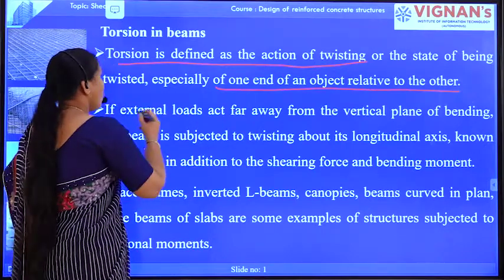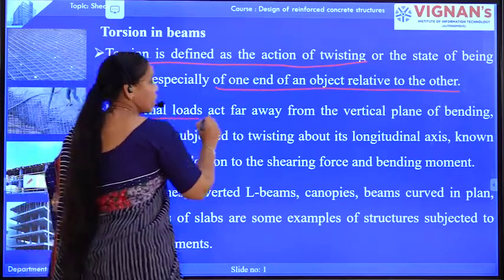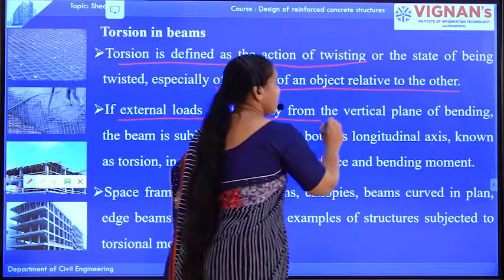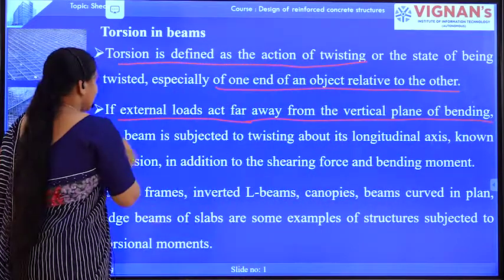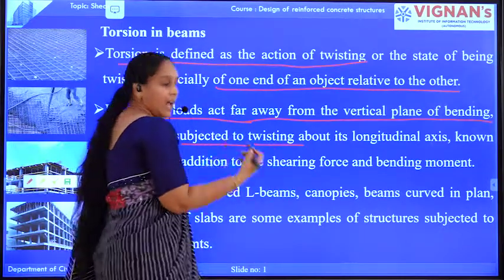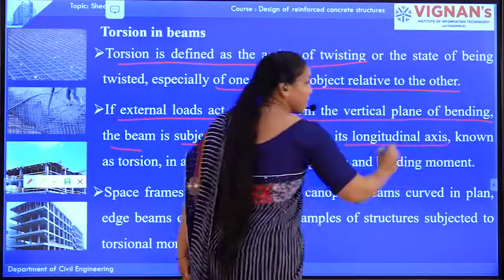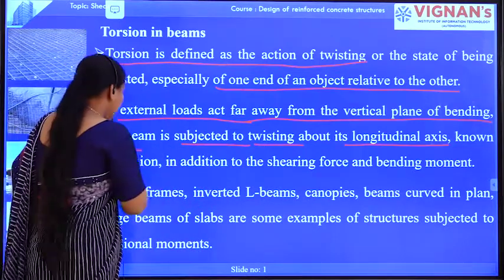When this torsion happens in any member, if the external loads are acting far away from the vertical plane of bending, the beam is subjected to twisting about its longitudinal axis, and that is known as torsion.